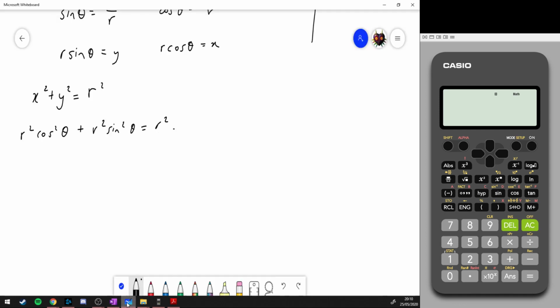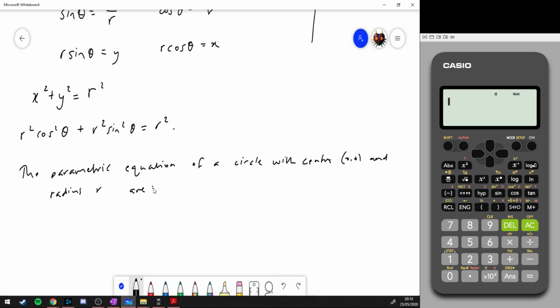The parametric equation of a circle with center (0, 0) and radius r, and this is like your shortcut, is x is equal to r cos theta and y is equal to r sine theta.